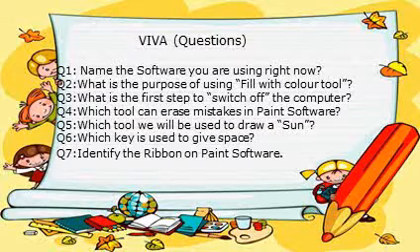Which tool can erase mistakes in Paint? Number 5. Which tool will we use to draw a sun? Number 6. Which key is used to give space? Number 7. Identify the ribbon on the Paint software. So you have to learn all these questions for your Viva.